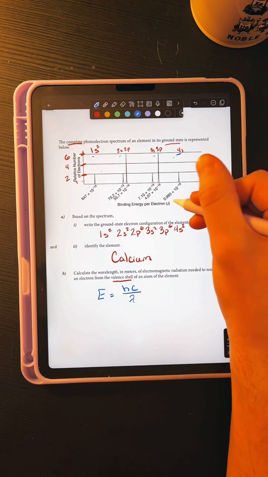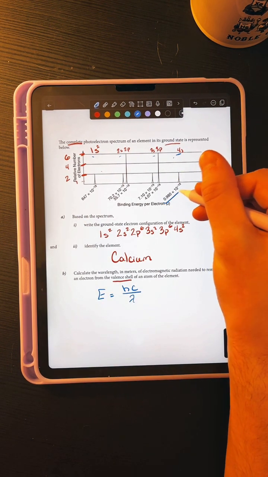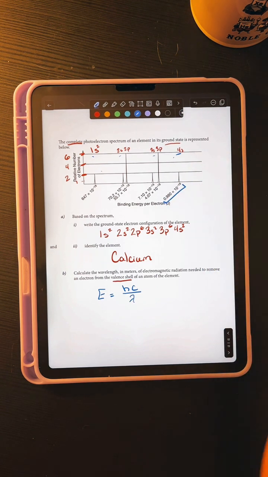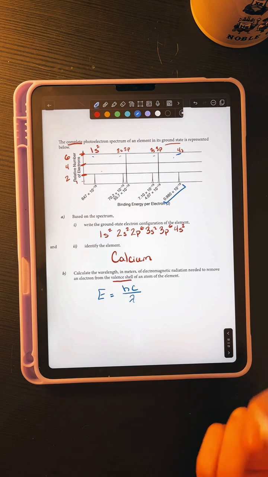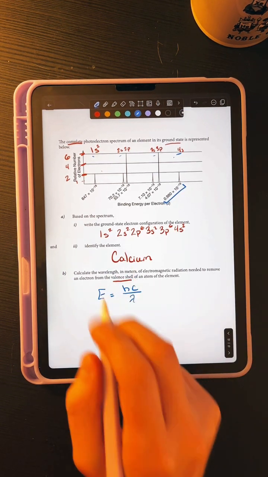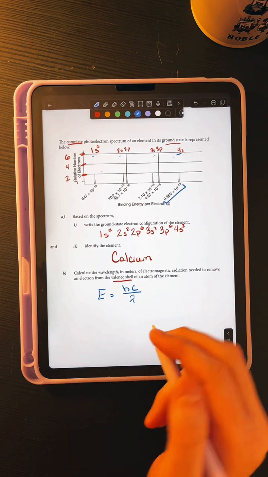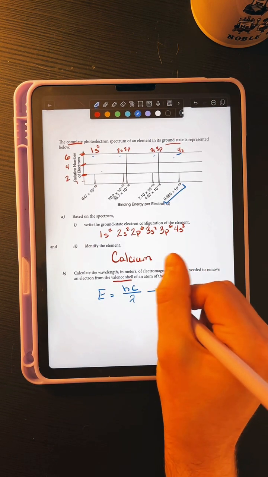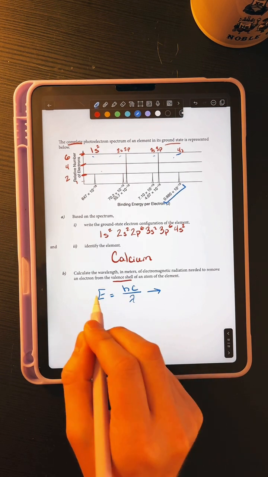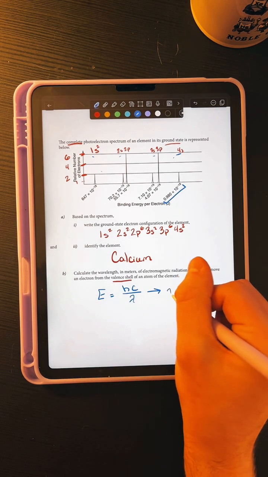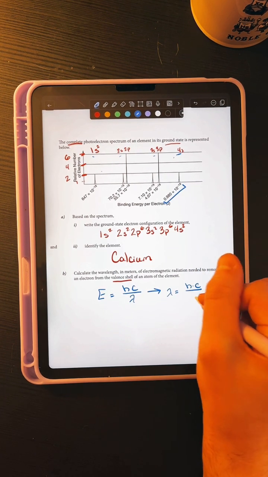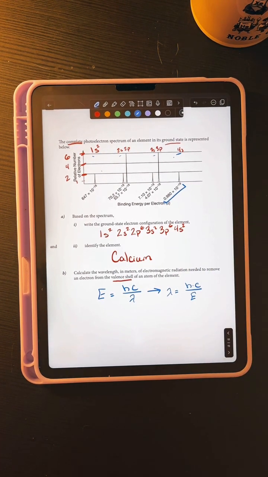Now we're talking about the energy associated with our valence electrons, which is this binding energy given in the problem, or in the graph. Since we're looking for wavelength, I'm going to reorganize this equation to solve for lambda. So I'll multiply both sides by lambda, our wavelength, and I'll divide by energy. So just rearranging, we get lambda equaling hc over our energy.